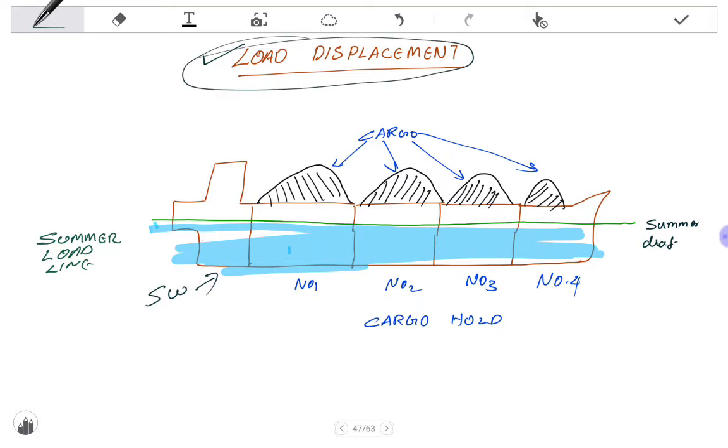That means when the vessel is fully loaded, or floating at the summer draft in sea water, it is called load displacement.